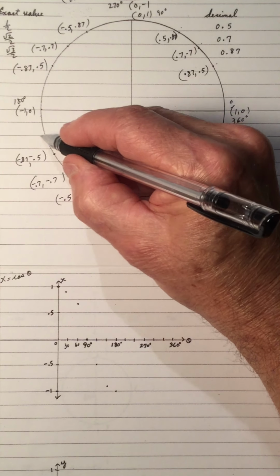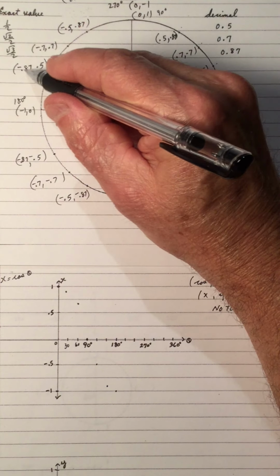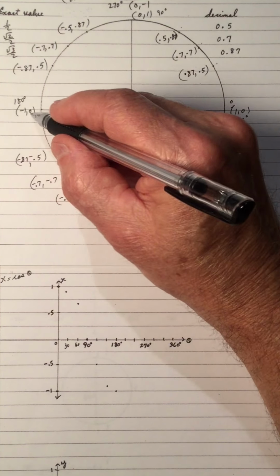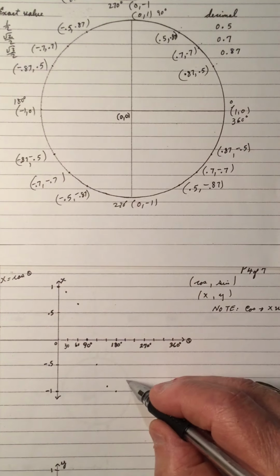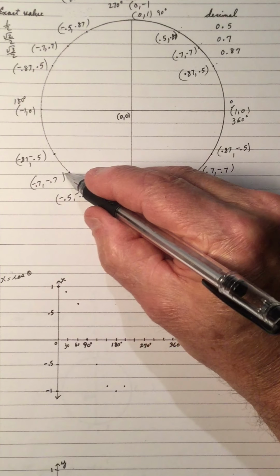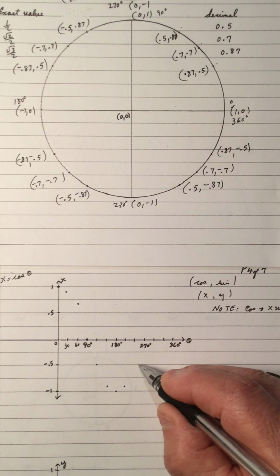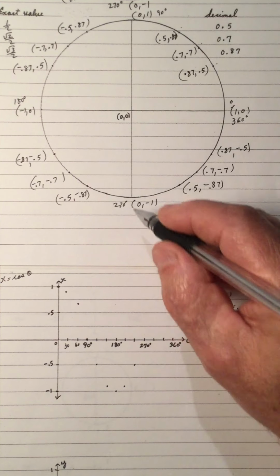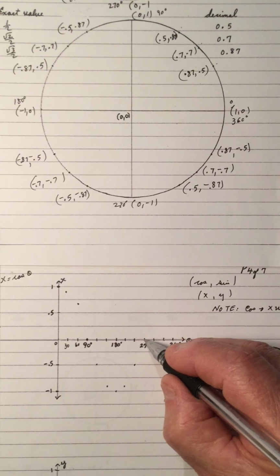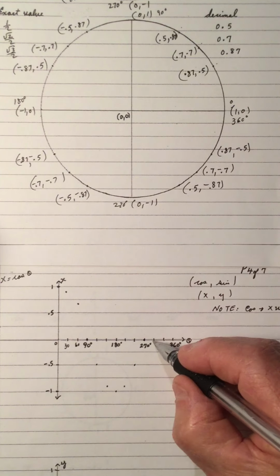Remember, I'm doing the x, which is on the outside, the y is on the inside. Negative 0.87 right here. Leaving off the 45, negative 0.5, which is right here. And 270 is a 0. And then we get 0.5.